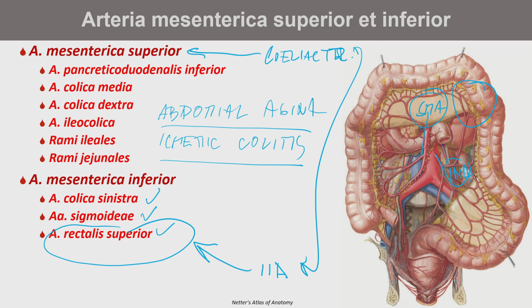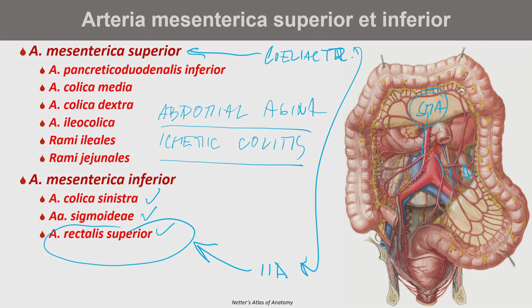So it could be one, or when inferior mesenteric artery is occluded, then the patient could have a colitis, and typical colitis is in descending colon and sigmoid, where the perfusion is not completely sufficient.